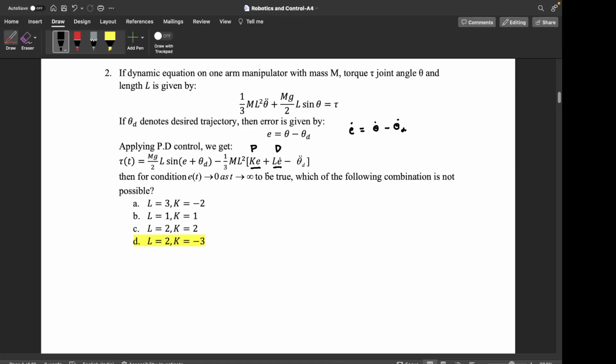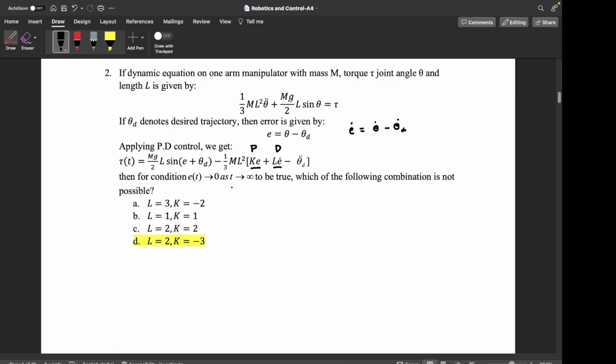If you would like to simulate this system, or you have a manipulator and you want to make it follow a certain trajectory, then you would have to appropriately find the values of K and L. It's not as if any random value of K and L would work. You would have to tune those values, which is called tuning the controller, so that you get good performance.